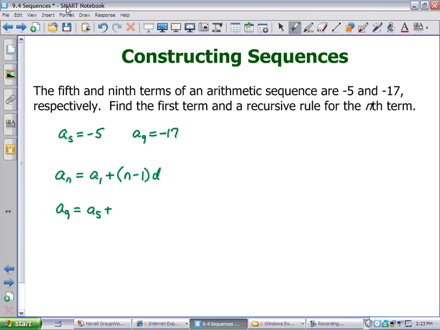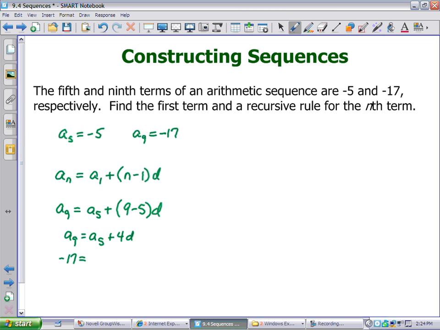So if you think about this number, instead of n minus 1, I'm going to say 9 minus 5 common differences. So you'd have a sub 9 equals a sub 5 plus 4 common differences. Well, a sub 9 is -17.